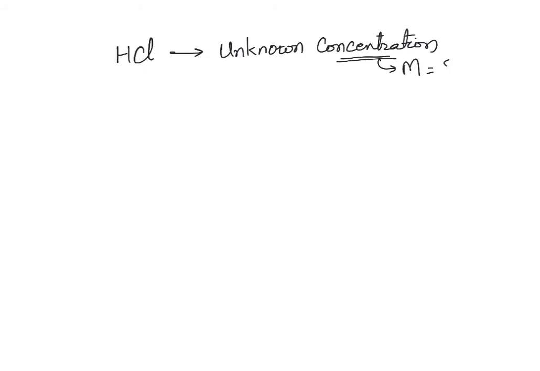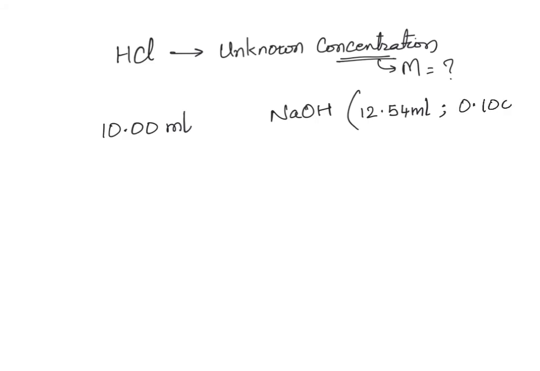We take 10 milliliters of that hydrochloric acid and titrate it with sodium hydroxide. You use for this titration 12.54 milliliters of sodium hydroxide. What is the molarity of the sodium hydroxide? 0.100 molar sodium hydroxide. So what is the molarity of the acid that you are using?